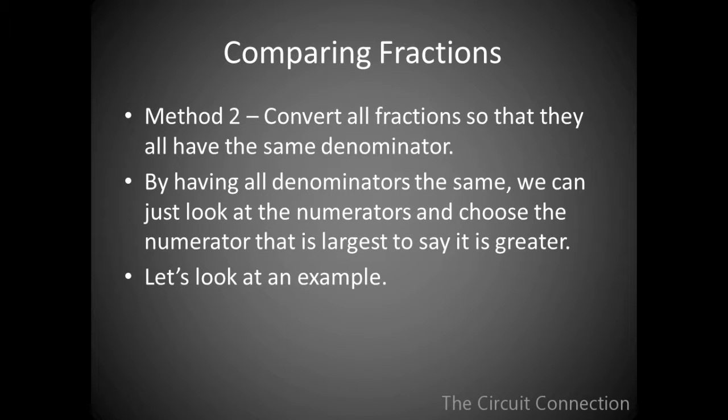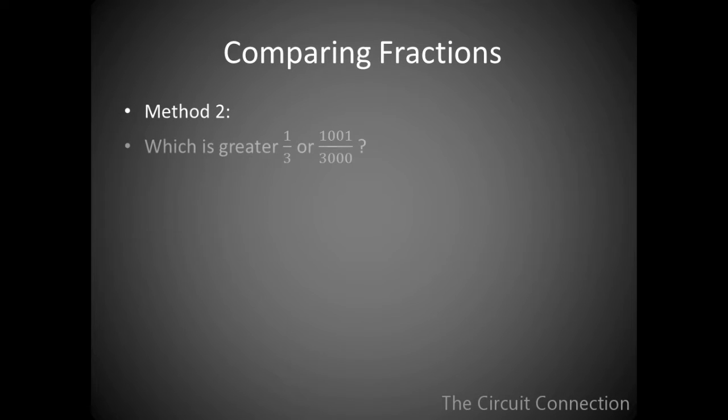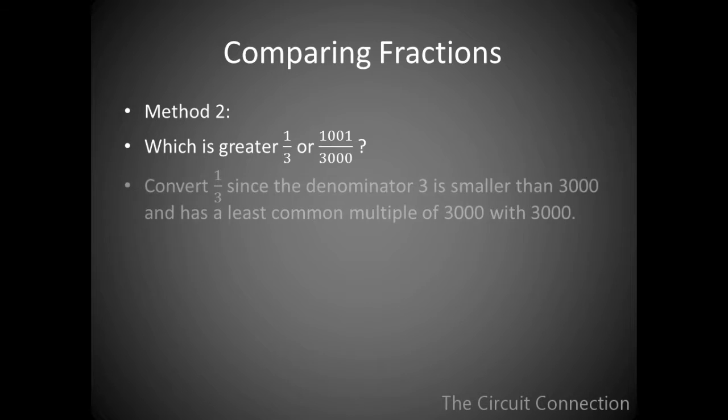Method 2: convert all fractions so that they have the same denominator, and by having all denominators the same, we can just look at the numerators and choose the numerator that is largest to say it is greater. Let's take a look at an example. Using method 2, which is greater, 1 over 3 or 1001 over 3000?